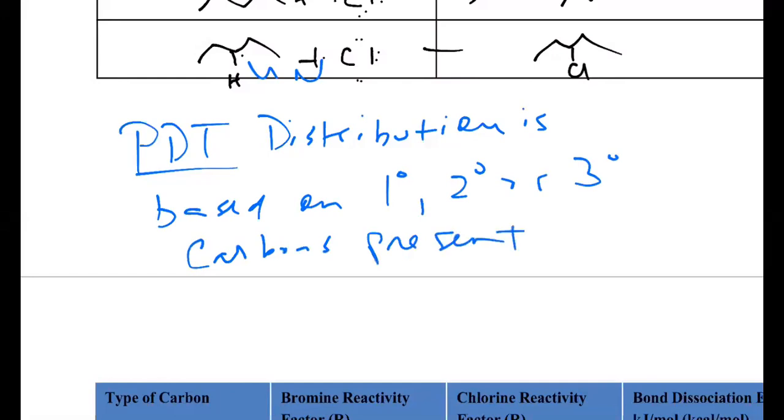That's how you determine the product distribution, what percentage of what products you're going to make. And just for the record, the more substituted carbons usually predominate as far as the percentages are concerned because they make more stable radicals. But we're going to talk about that Wednesday.